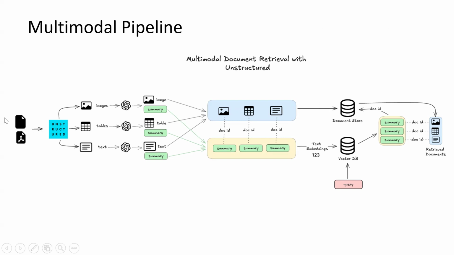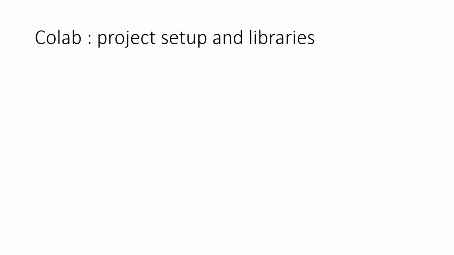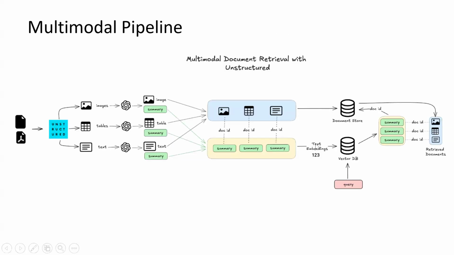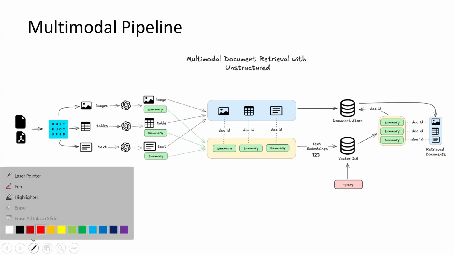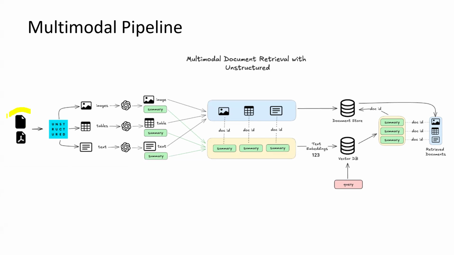As I said, there are a number of formats which are supported. So these are our input documents. Then we will use our unstructured API, which can be the unstructured library, API, or platform.